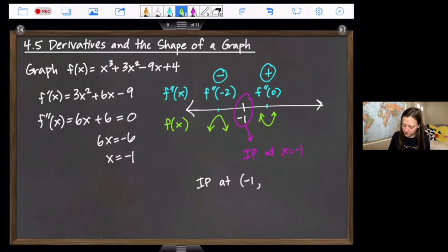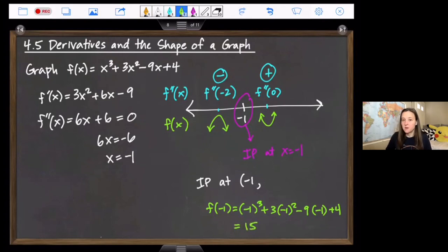So go back to the original function and we'll find f of -1. So our y coordinate at our inflection point is 15. So I'm going to put (-1, 15), and we'll go add this to our graph.